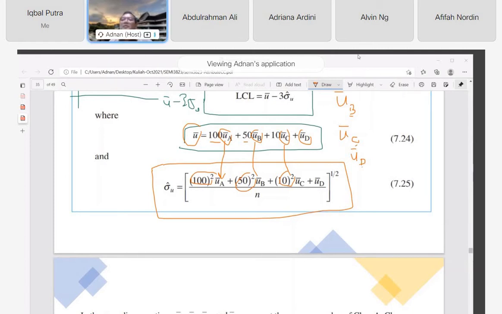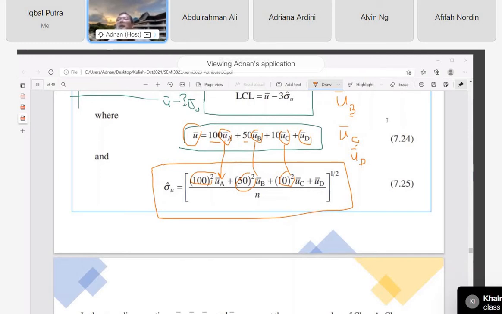No response, but okay, I open this question to everyone. Please put it in your chat box. My question is, when do we use demerit control chart? Oh, okay, I changed my question.